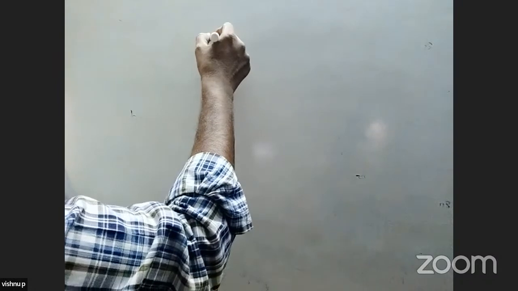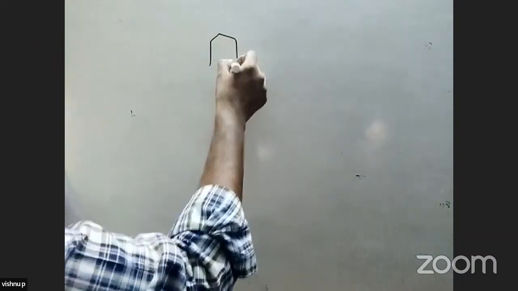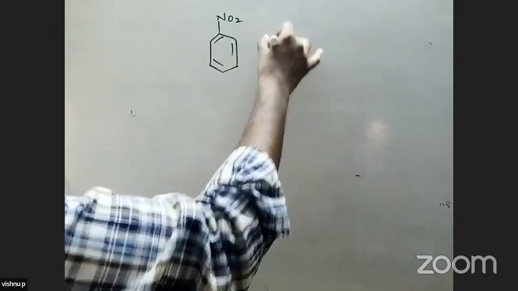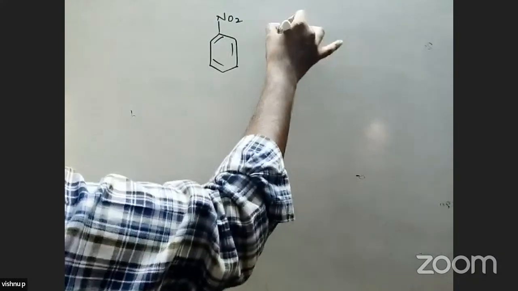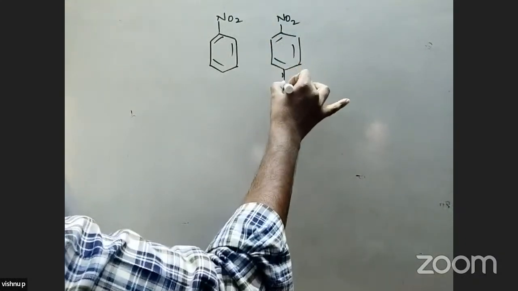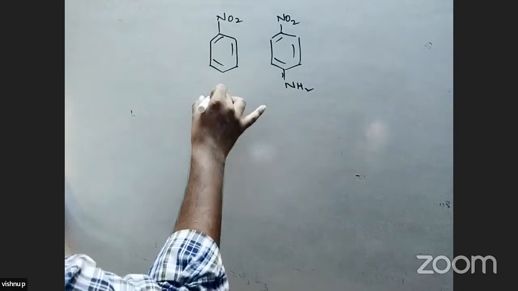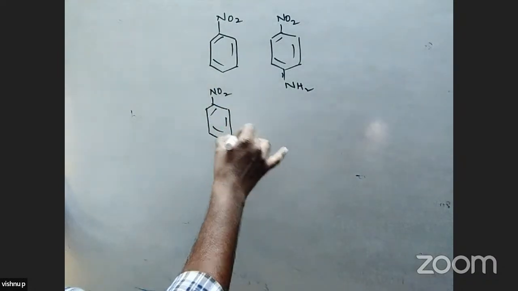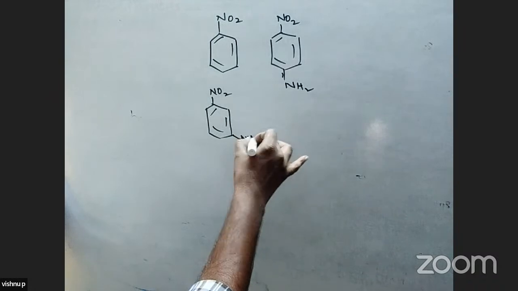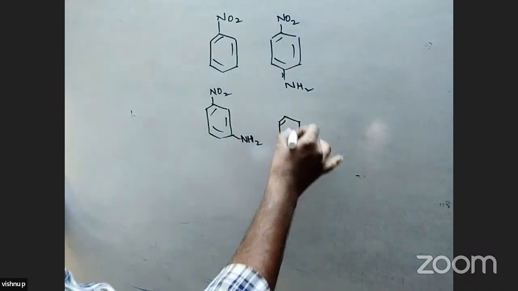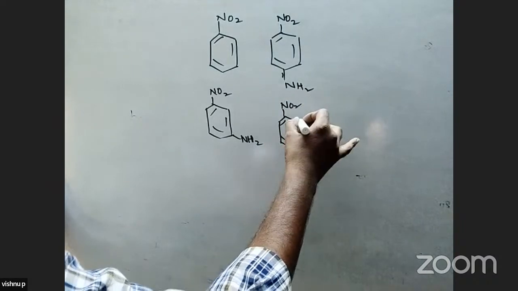And one more question. Here 4 molecules are given: nitrobenzene, and para-substituted NO2 and NH2 compounds.